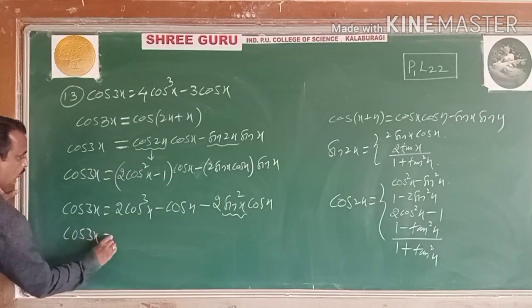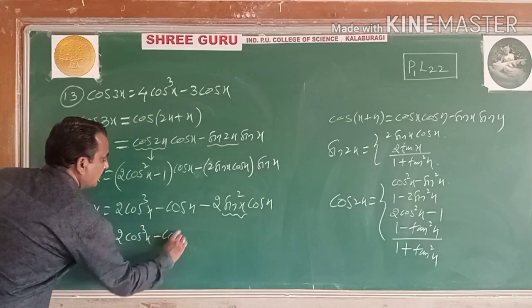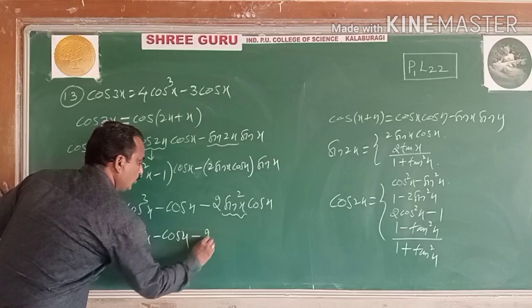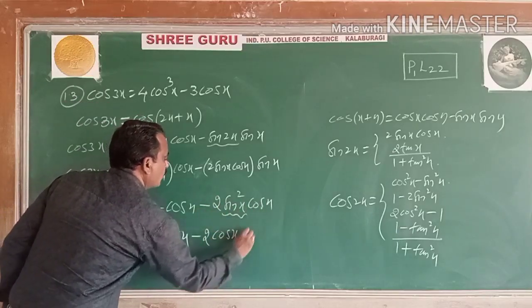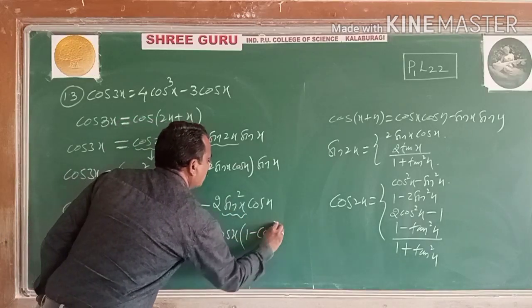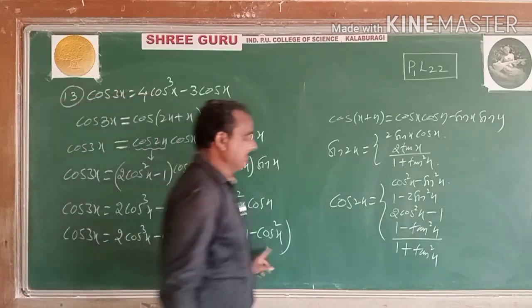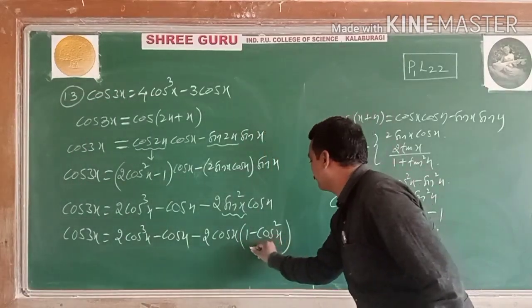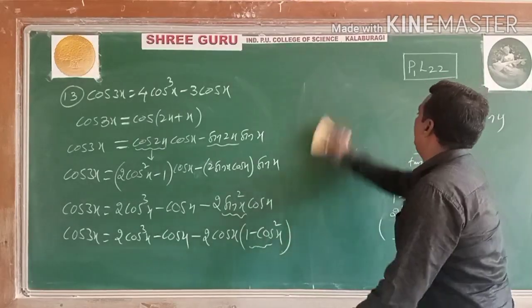Cos 3x equals 2 cos cube x minus cos x minus 2 as it is. Let us take these on one side, 2 cos x into this. What is sin square x? It is 1 minus cos square x. Substituting sin square x as 1 minus cos square x, see what it becomes.